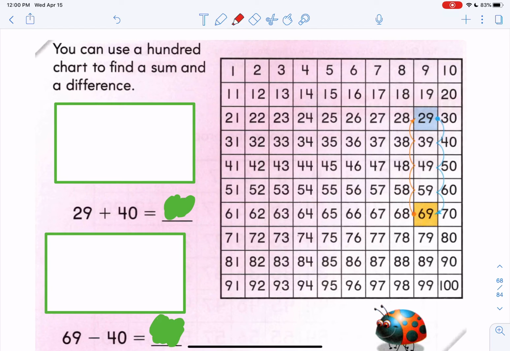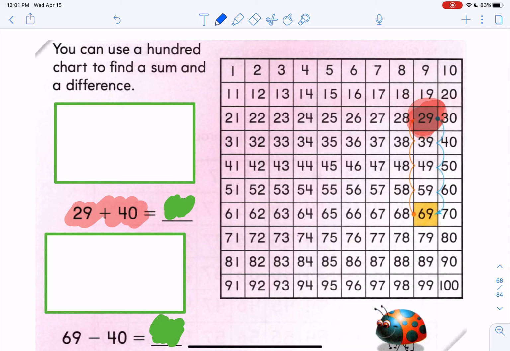First problem is in the middle of the page, and it says 29 plus 40. Well, we can find 29 on our hundreds chart right there. And we're going to add 40. So we're going to count by tens. It's just a little bit trickier, but you can do it.